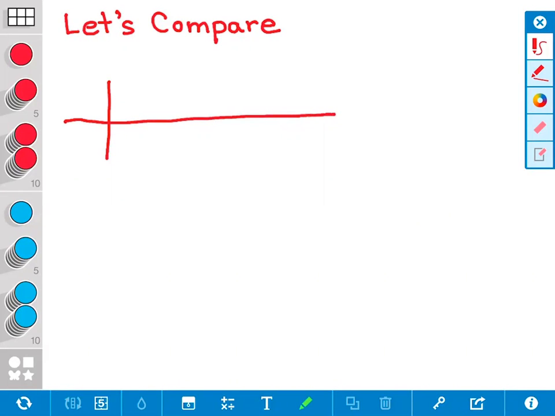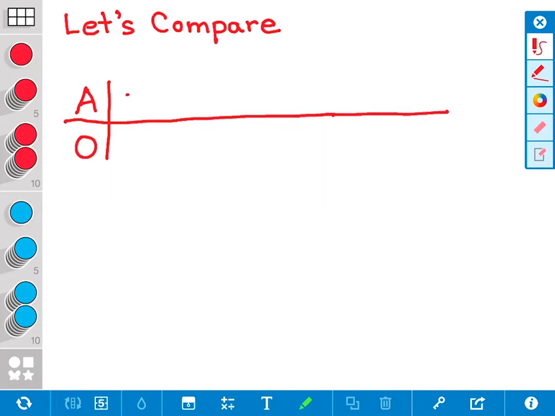All right. Let's say that I wanted to compare apples and oranges that I have in my house. So A is for apples and O is for oranges. Let's say Miss Stay has 10 apples.